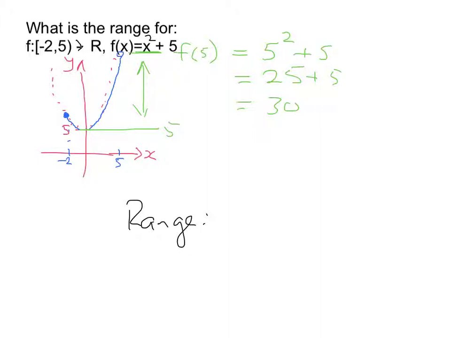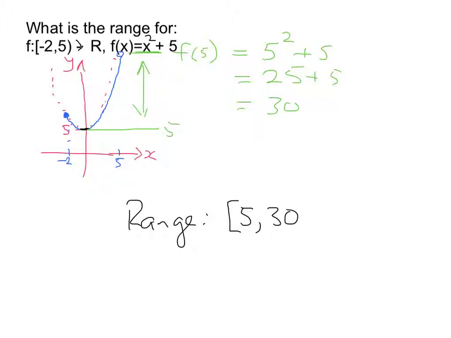is, now we've got 5 as our lower limit, 30 at the upper limit. Now the question we'll ask ourselves is, does the graph actually equal 5 in the y? So does it touch 5 and equal it? And the answer to that is yes, because when x is equal to 0, then y coordinate for that one is 5.